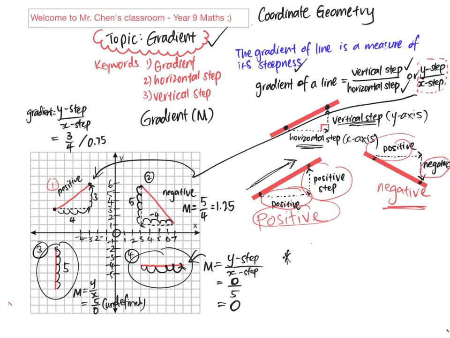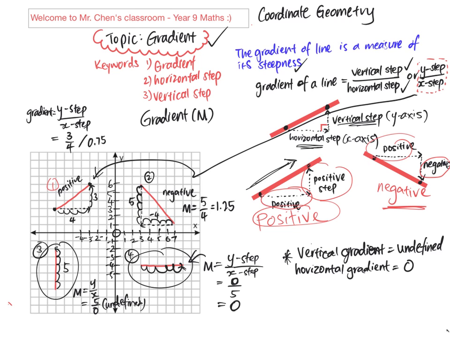So in conclusion, a vertical gradient is always going to be undefined, and your horizontal gradient is going to be 0.